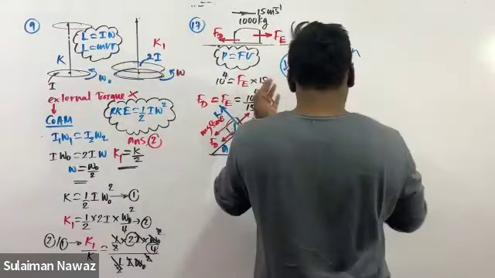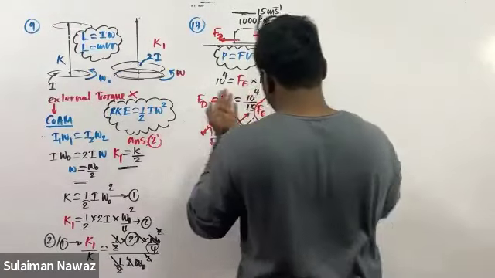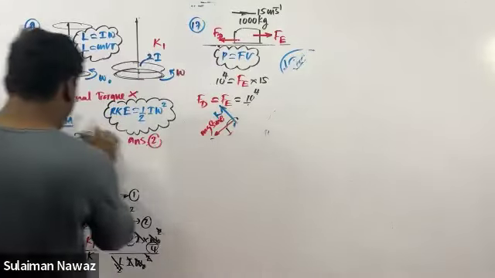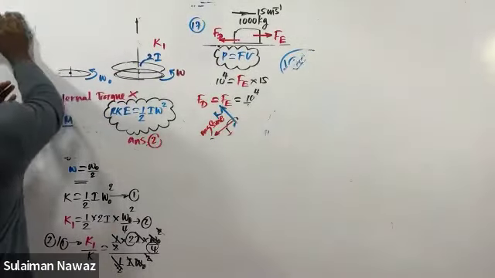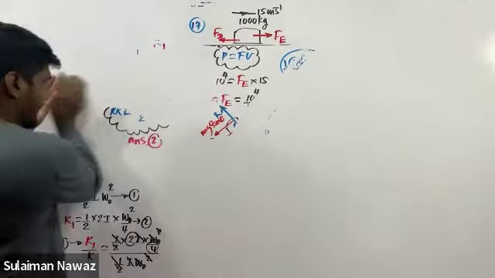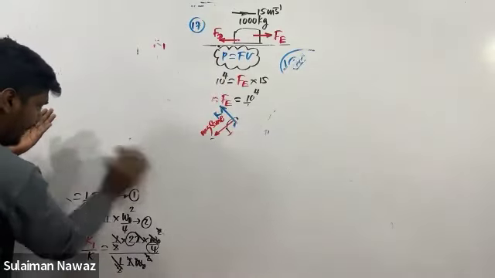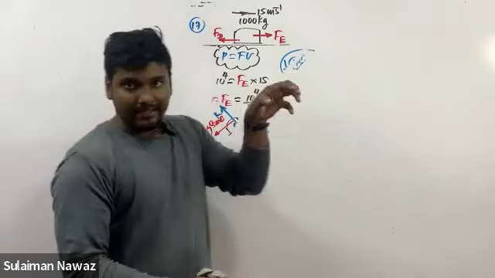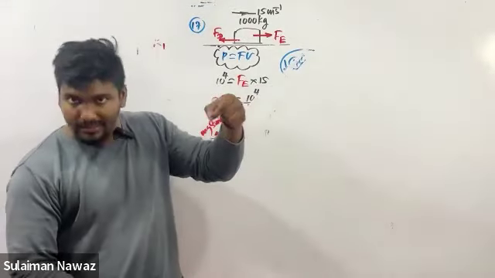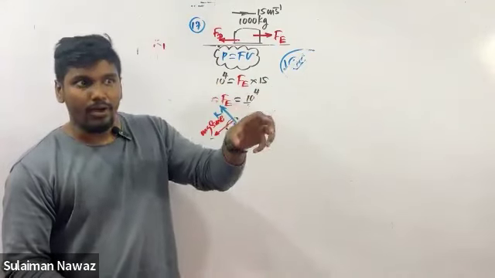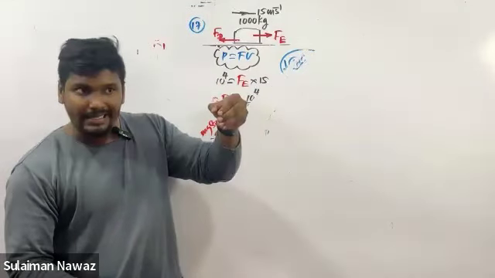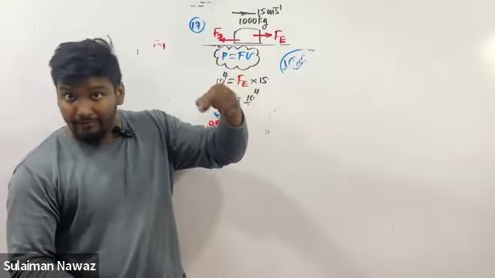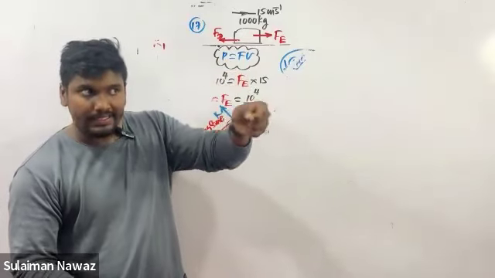Now, in case number 3 and case number 4, a vertical force is acting on the object downwards or upward direction. In case number 3, the external force acts on the object vertically downwards.